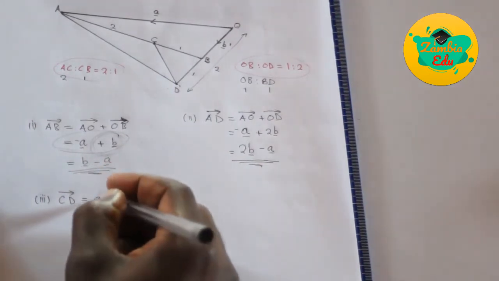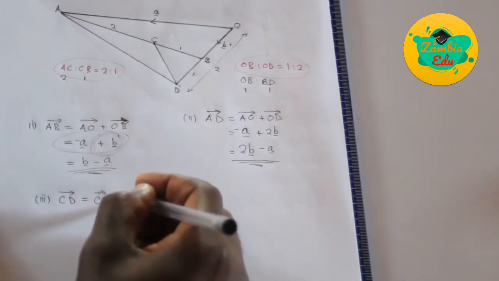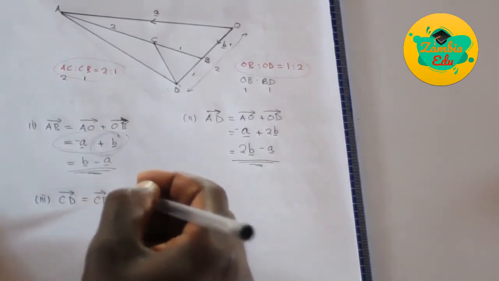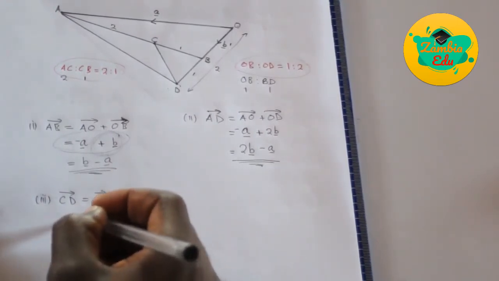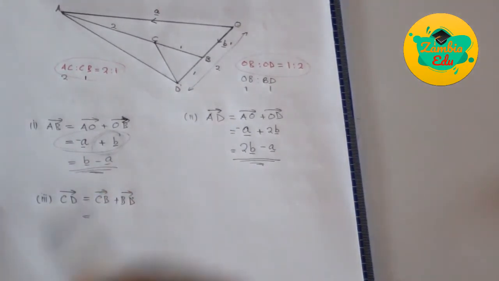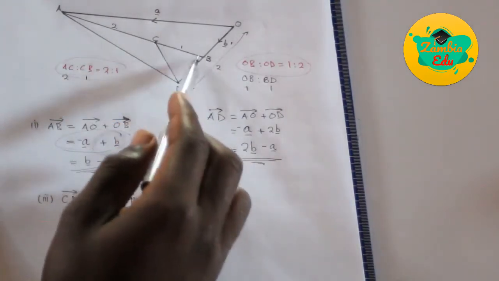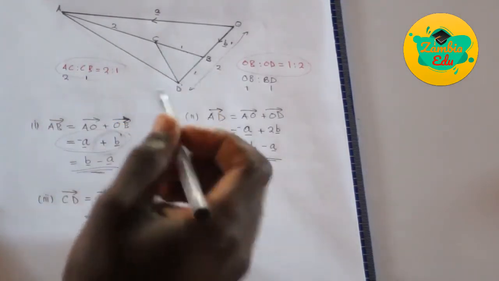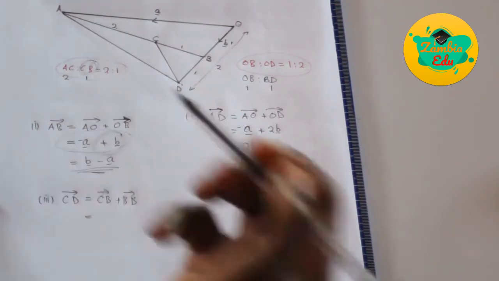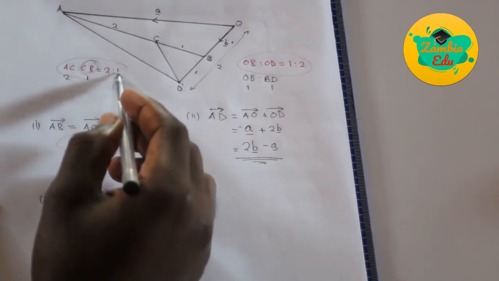So we can run with C to B plus B to D, which is going to be equal to, what's the value of CB? We have CB there in that ratio. So they've told us that CB is 1.